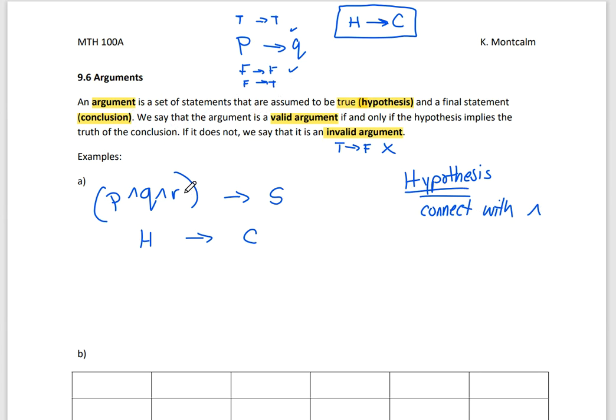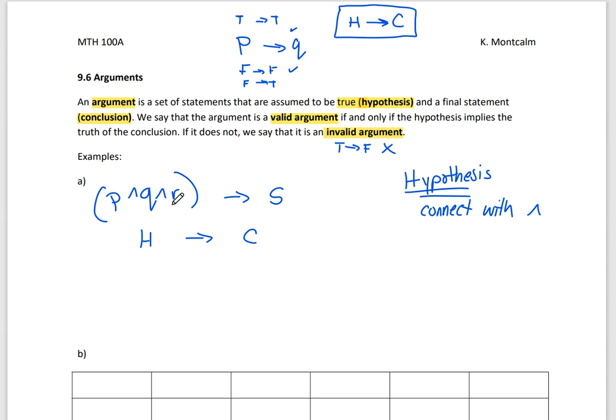If I need all three of these simple statements, P, Q, and R, to be true, the only way I'm going to get all of them being true is to use ands. If I put an or in place of one of these ands, then there's the case that there could be a false in there somewhere. I need the case where all of them are true to imply a true conclusion.